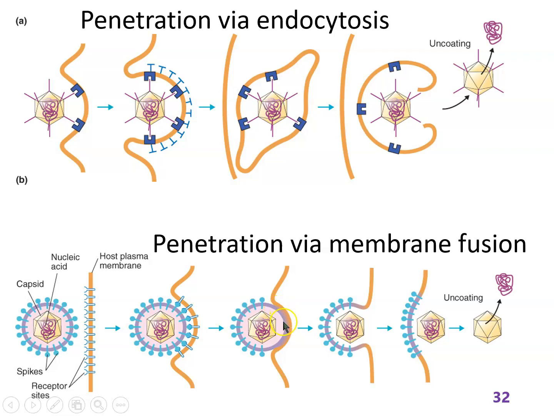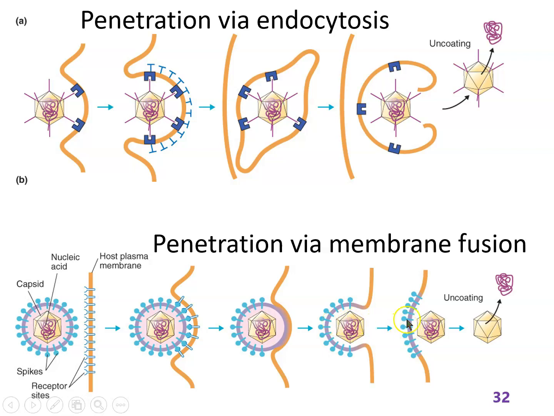And so then this would become cytoplasm. This would become inside the cell. Imagine two soap bubbles touching each other and becoming one soap bubble. That's what this is like.